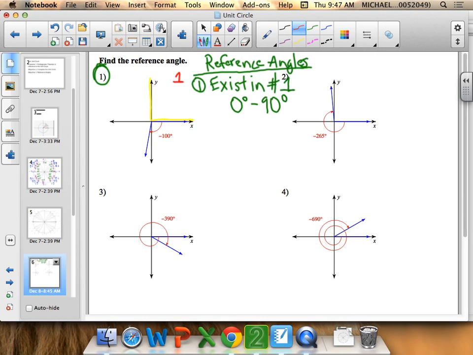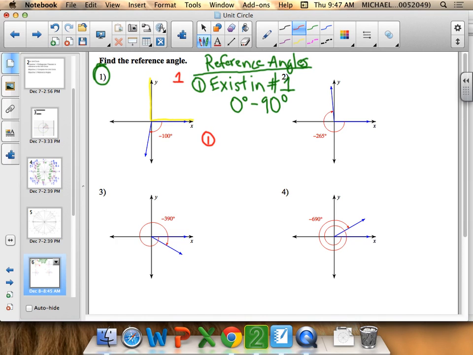Otherwise, it's a two-step process. The first step I will write in red in order to find the reference angle. The first step is to understand that the unit circle exists from 0 degrees to 360 degrees.